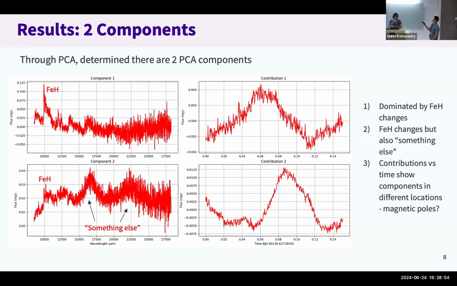I'll just add that the inclination of that system is known pretty well. Okay, so that part works. I would also expect then the phase difference to be a little bit larger.